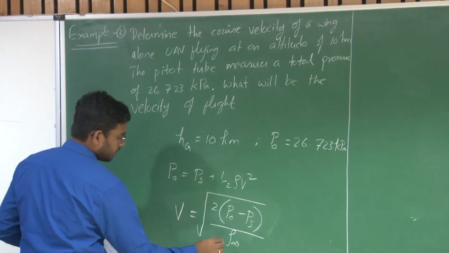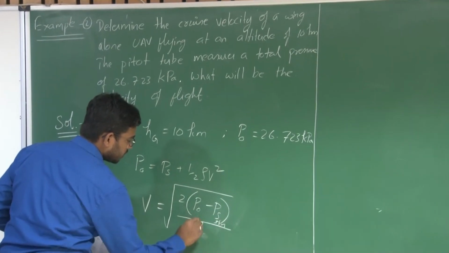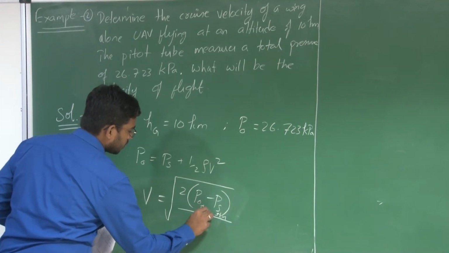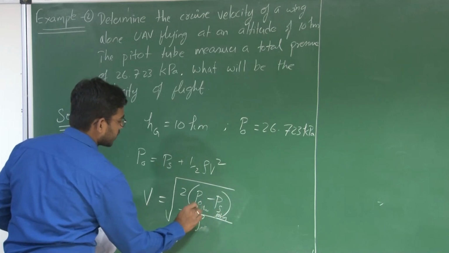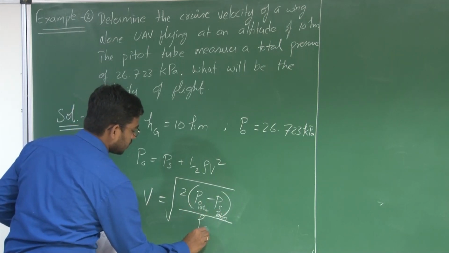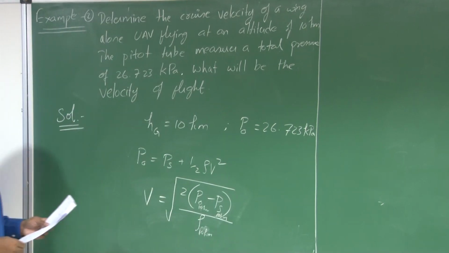Now we need to find what is this static pressure at 10 kilometers. Since we know P naught and density at 10 kilometers. Please make a correction, it's 10 kilometers, density at 10 kilometers. Okay.